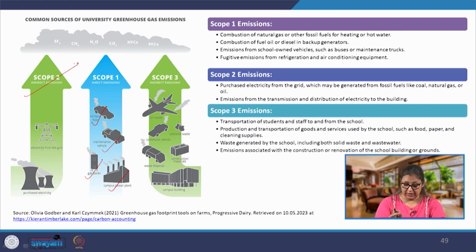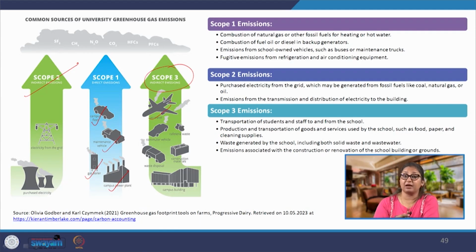Now, scope 3 could be really wide. Here, what all are we covering? We are covering the travels, there could be air travel. We have talked about it earlier also, there could be travel because of academic purposes. All that travel is going to be in scope 3 indirect emissions.